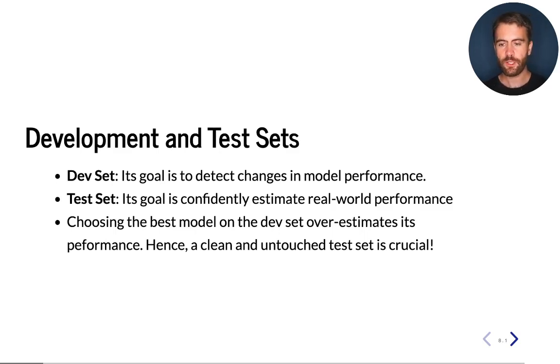We're using the development set to test whether various changes that we're making to the model are improving our system as we make iterative changes. And then the goal of the test set is to confidently estimate real-world performance once we are done with experimenting and iterating on the model.